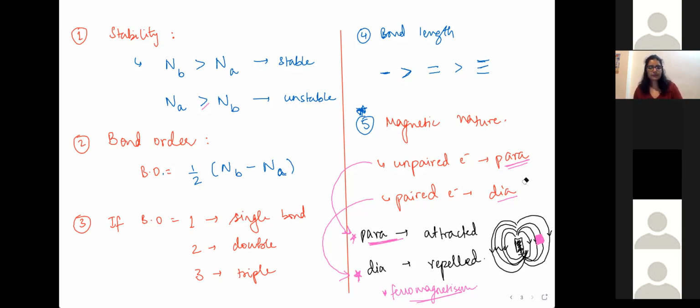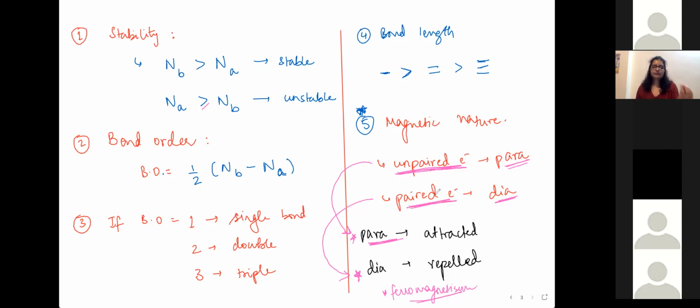That's basically the gist of what you need to know. Paramagnetism means they are affected by a magnetic field, and that happens when there are unpaired electrons present. Diamagnetism means they're not affected by the magnetic field. In fact, they're repelled by it, and that happens when all the electrons are paired up.